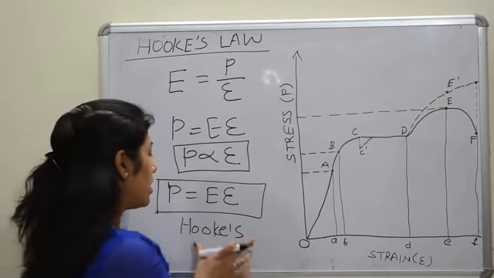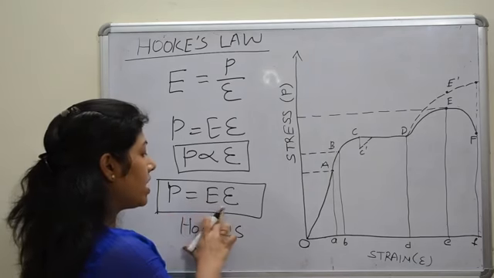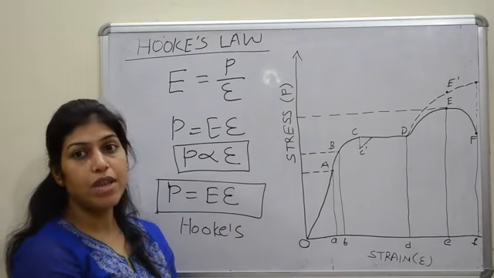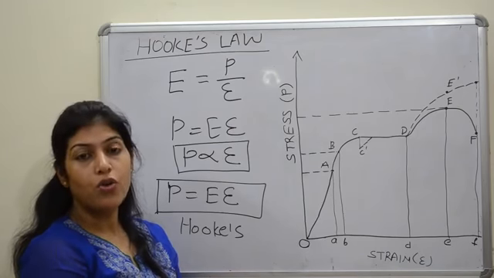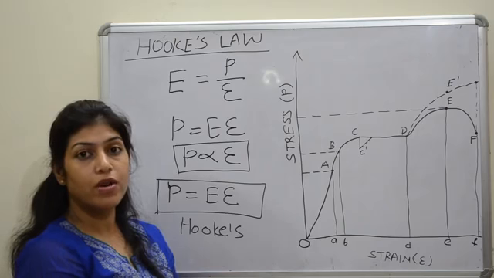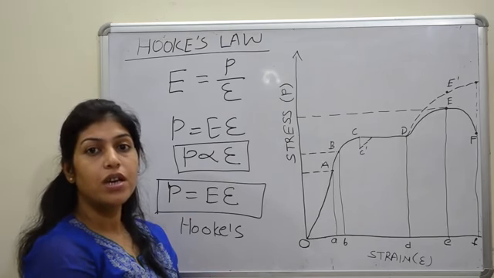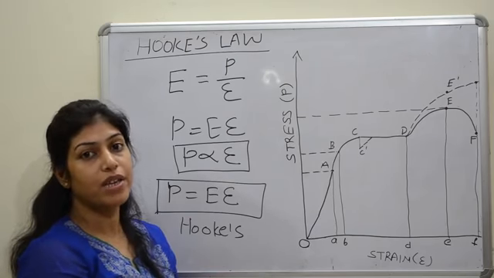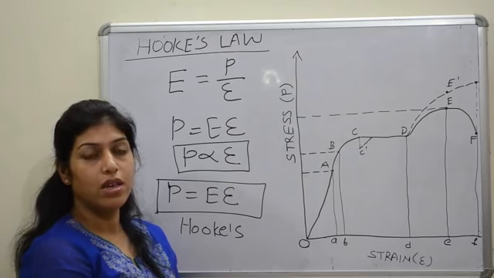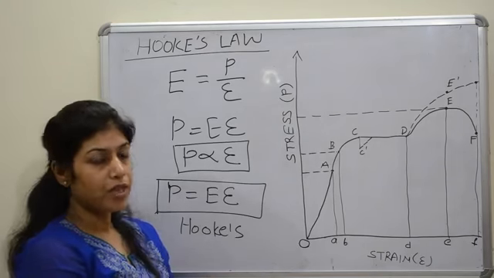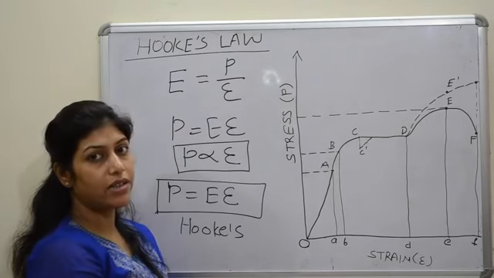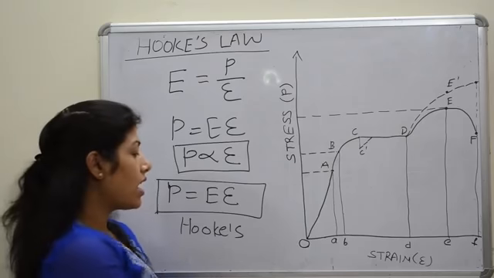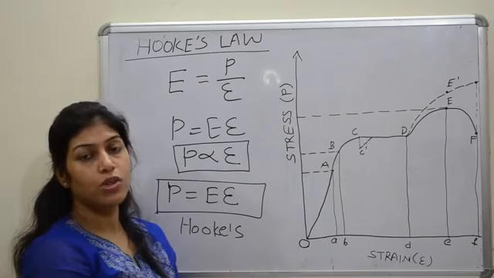Hooke's law, stress equals E into epsilon, is named after the famous English scientist Robert Hooke, who was the first person to introduce the elastic behavior of materials like metal, wood, stone, concrete, etc. So Robert Hooke discovered the elastic behavior of materials, and he also formulated Hooke's law.